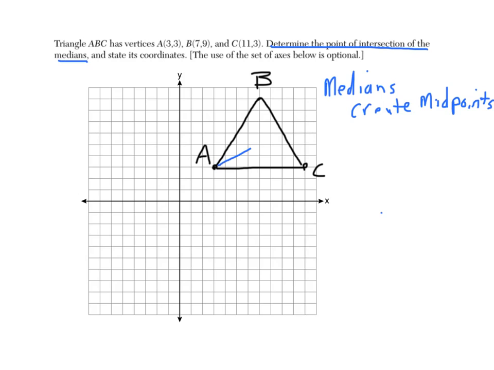So if I'm drawing the three medians for this triangle, I'm going to draw from the angle to the midpoint across the way. And all it takes is a steady hand, maybe a ruler, to draw a nice straight line from the midpoint to the opposite angle.